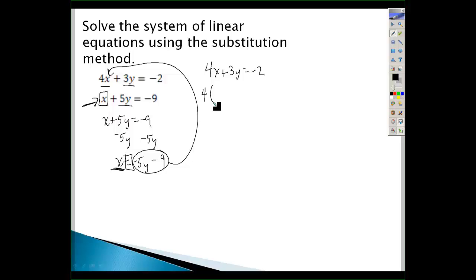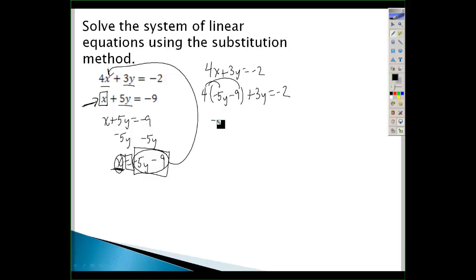So instead of writing an x in here, I'm going to write negative 5y minus 9 plus 3y equals negative 2. So what happened there was I substituted out the x, and I substituted in the y term. And now I just have one variable. I just have y, so I can solve for y.